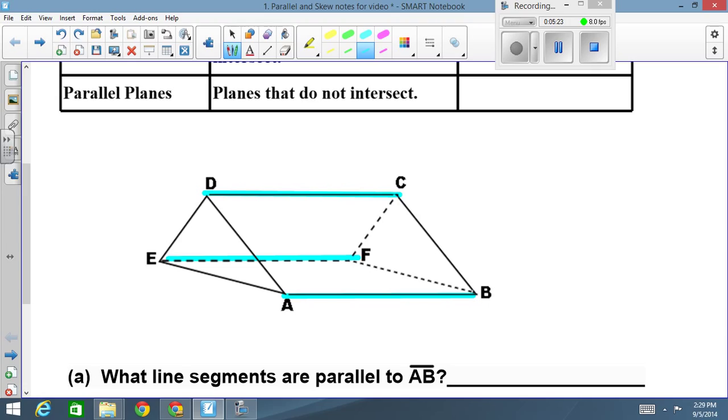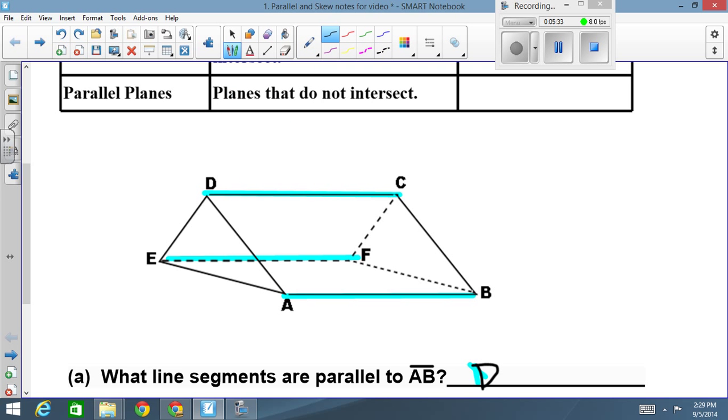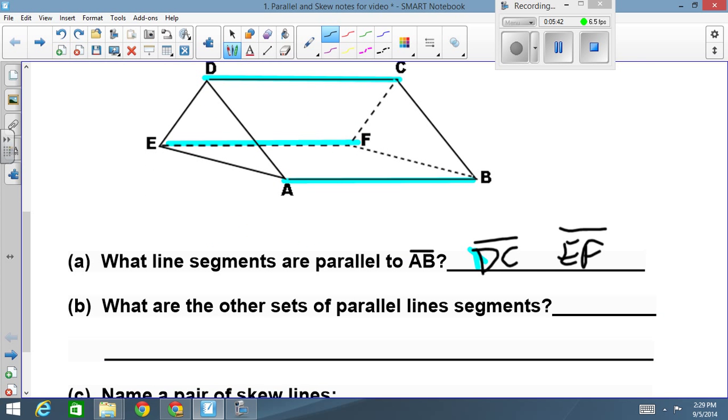They will never intersect, they go on and on forever. So DC and EF. Make sure you use the proper notation. If you don't put the line above, then you're talking about points and not segments.